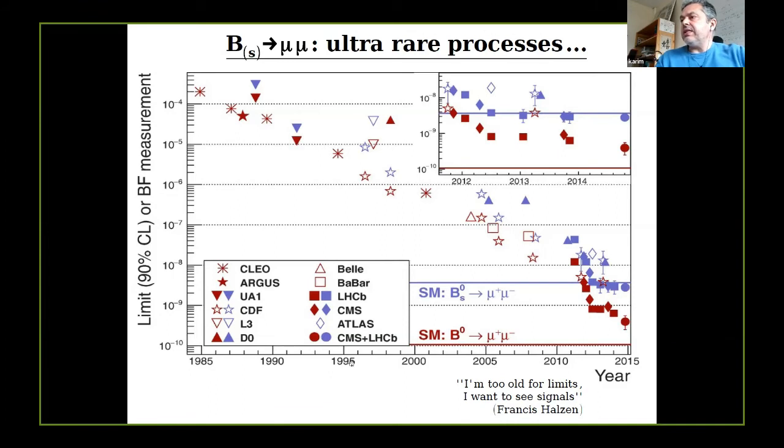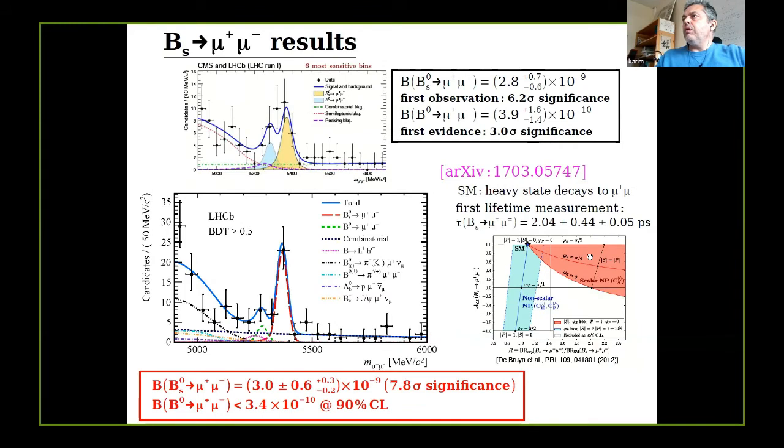Okay, and as I said, the ultimate goal is to observe it, and in most cases, unfortunately, it's observed at the level of the standard model. But all the generations before observing it made this effort and pushed down the limit. Here I just flashed one recent result, which I think has been updated since, of course, where the observation of B_s to mu mu was done by a single experiment.